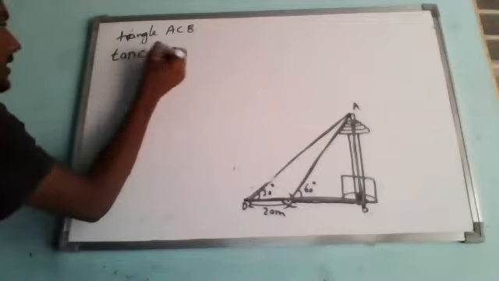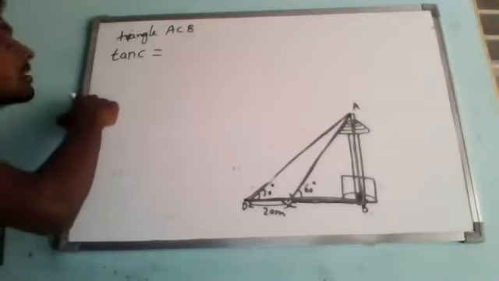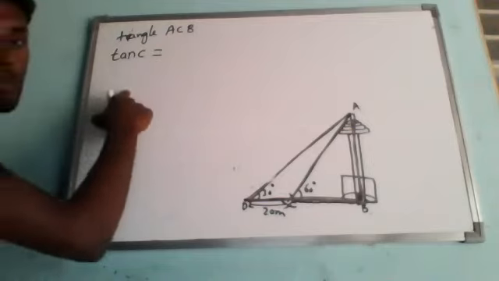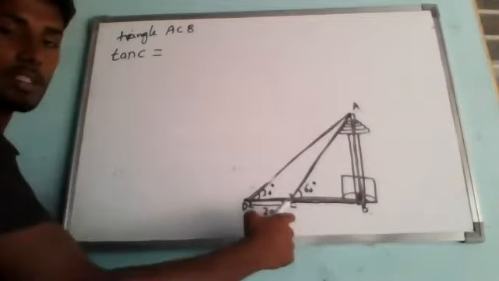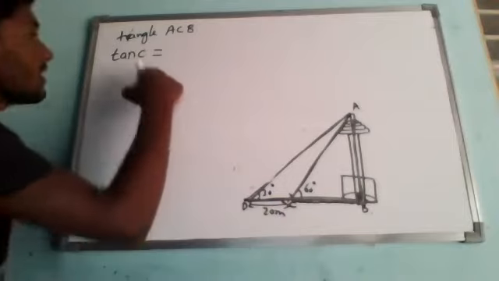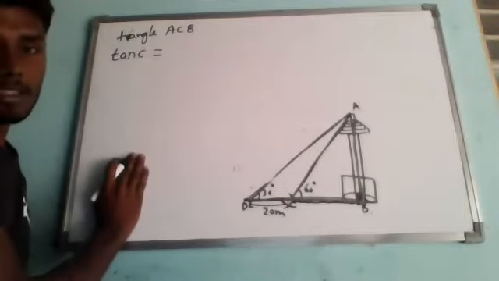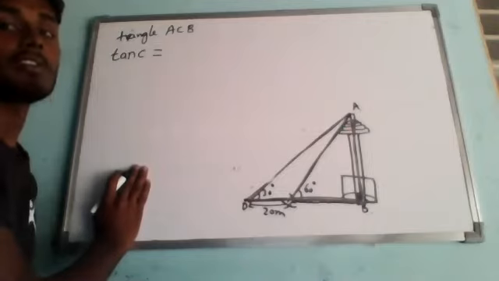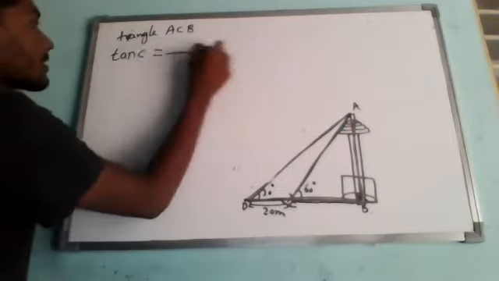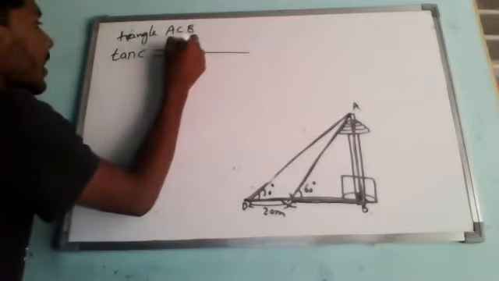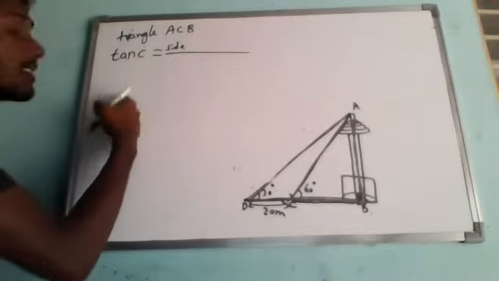So tan C equals, what is the tan property? Side opposite to the angle C divided by side adjacent to angle C. Is it correct or not? Yes. So opposite side by adjacent side is the tan function.